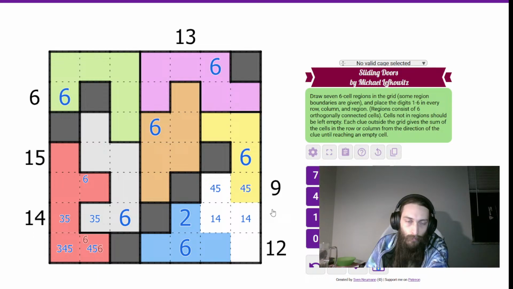Okay, the 12 row, there has to be a 2 in there. And there's already 2 in blue. So that's yellow.